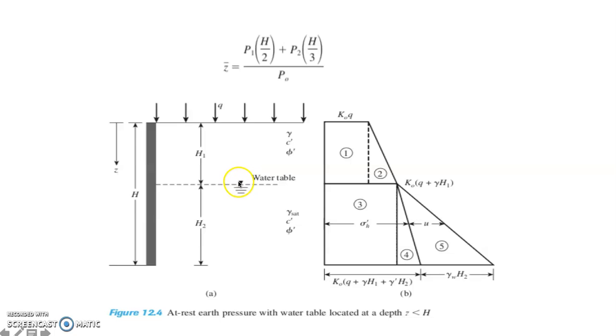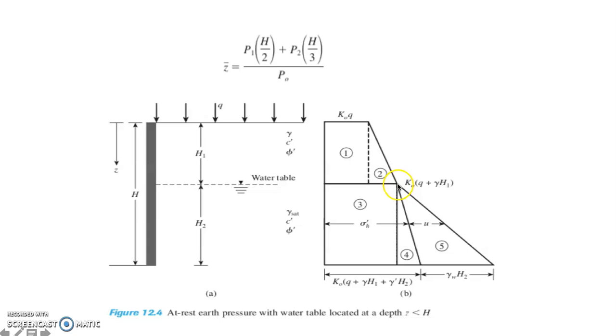Since you have the presence of water, there is an additional pressure due to the pore water pressure. That would be pore water pressure, denoted by U, equal to gamma of the water, or the unit weight of the water, times H2. Whatever is the result for the pore water pressure, you plot that.